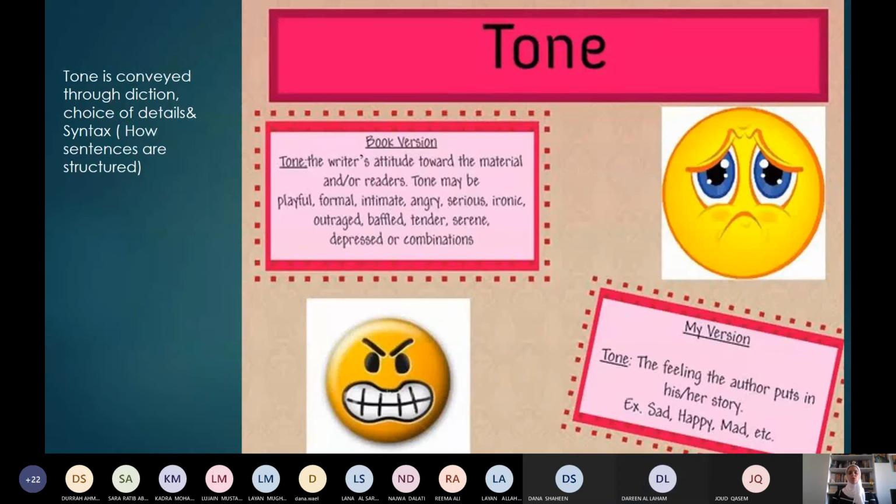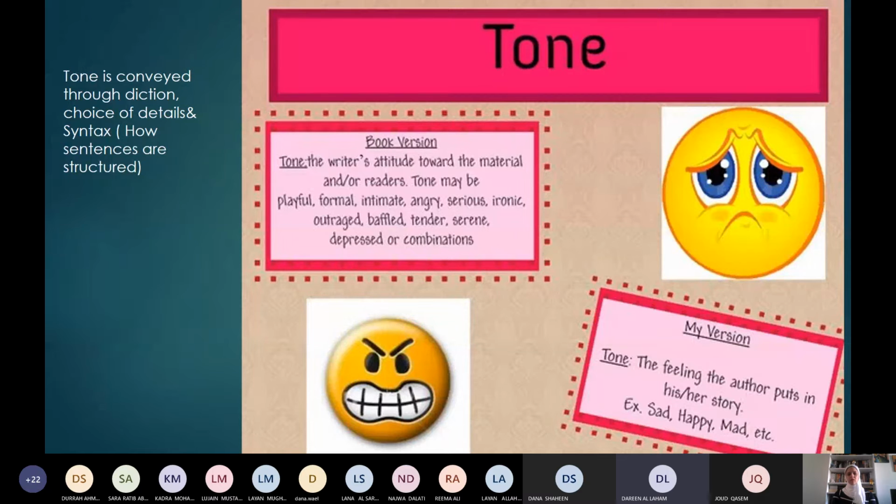Then we go to tone. Read, Dareen. Tone is conveyed through diction, choice of details, and syntax, how sentences are structured.